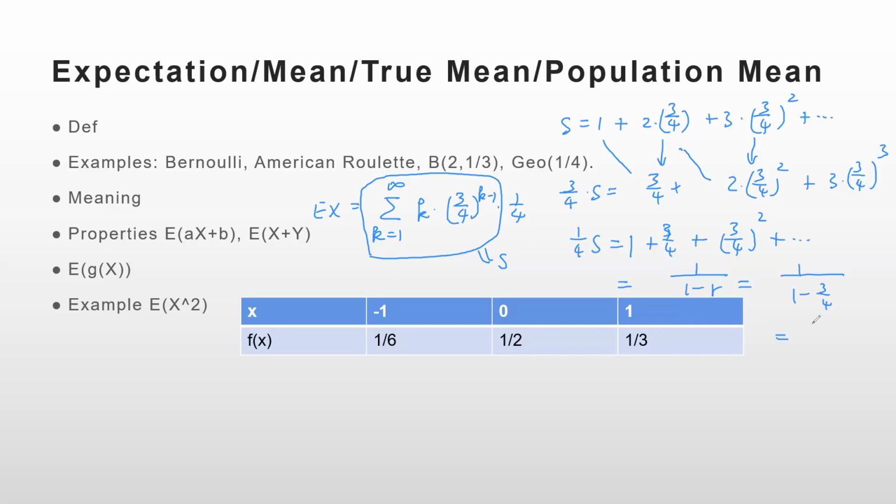That is 1/4, that's 4. So this S equals 16. And you put back E of x equals 16 times 1/4, which is 4. This is our expectation of this geometric distribution. Okay.